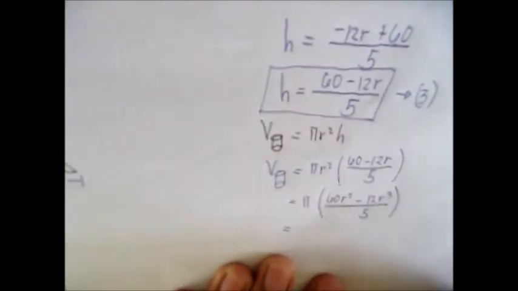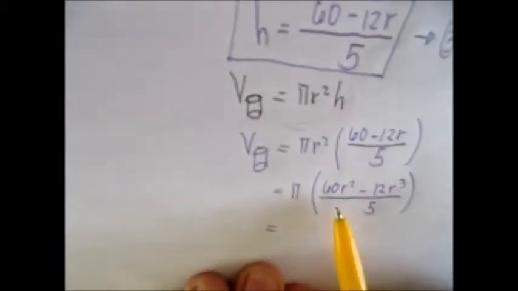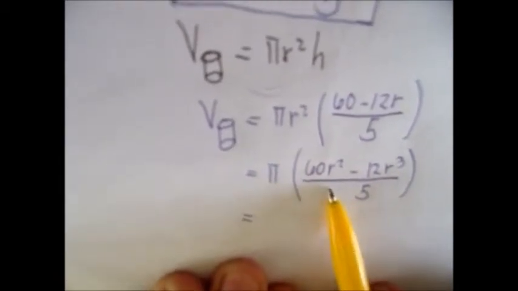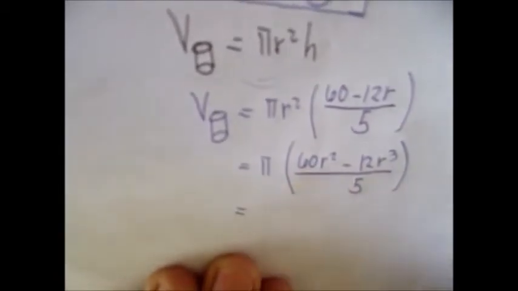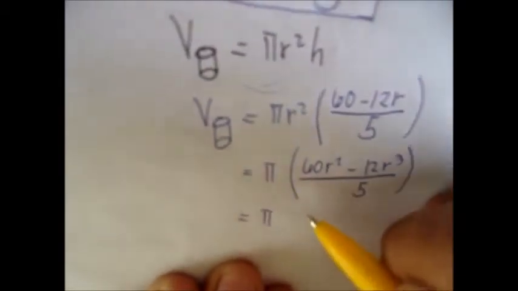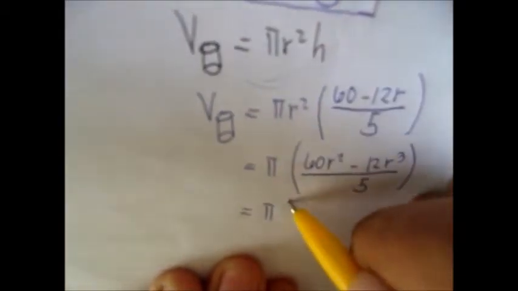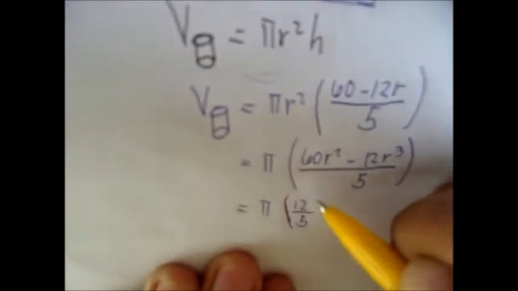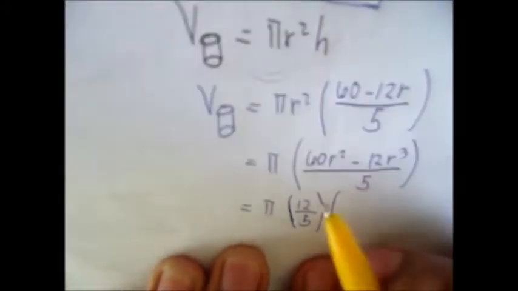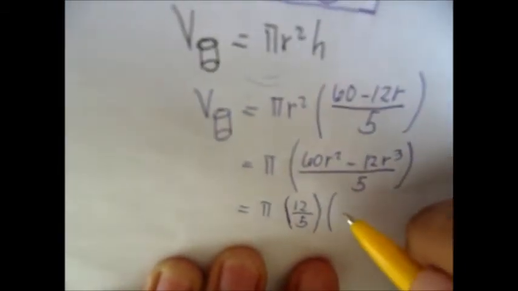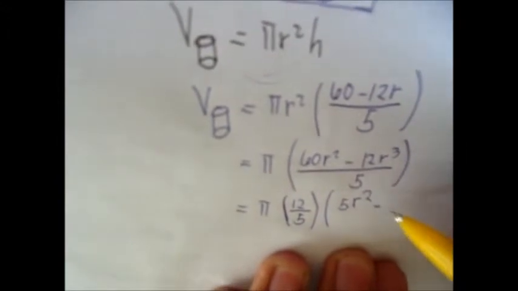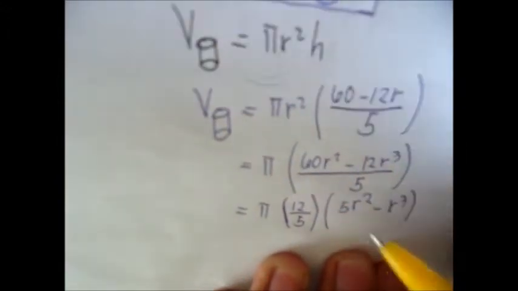Then we need to get the common factor, which is 12. So pi times 12 over 5 times this will be simplified as 5r squared minus r cubed.